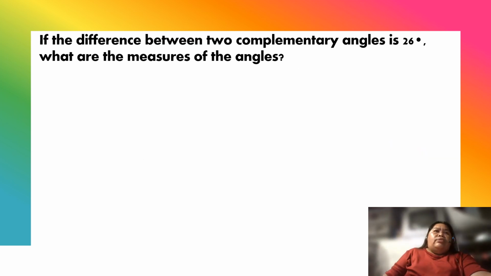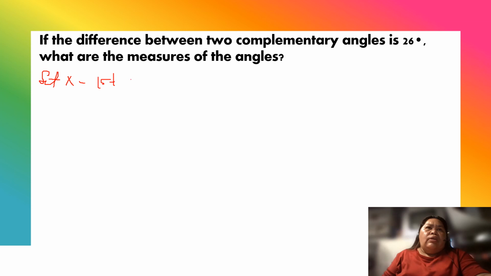Okay, so let us try to solve this problem. If the difference between two complementary angles is 26, what are the measures of the angles? So let x be the first angle. Then y is the second angle.